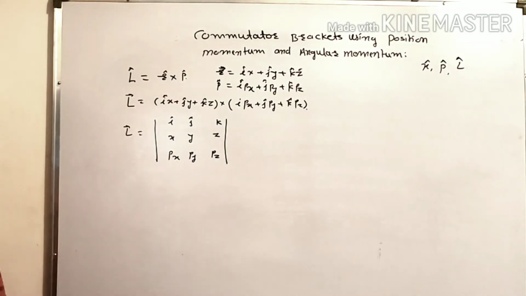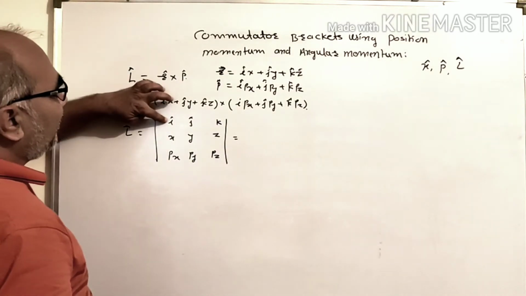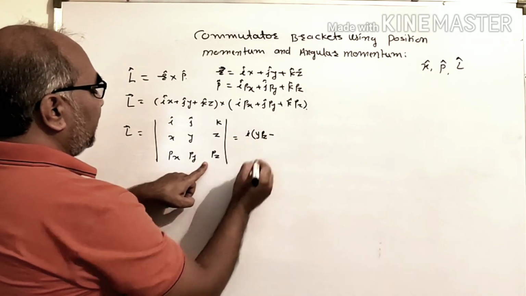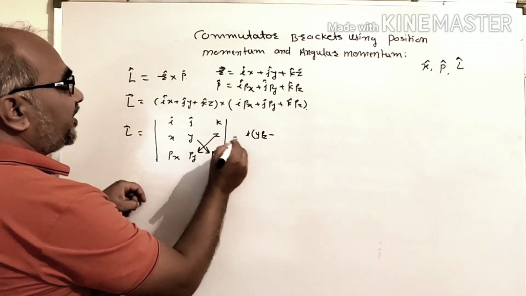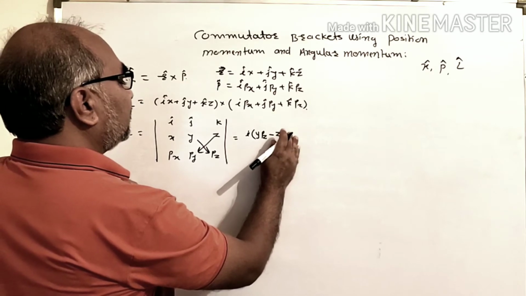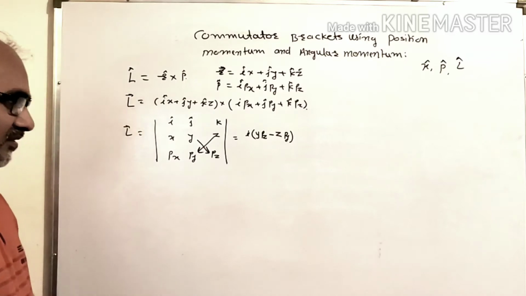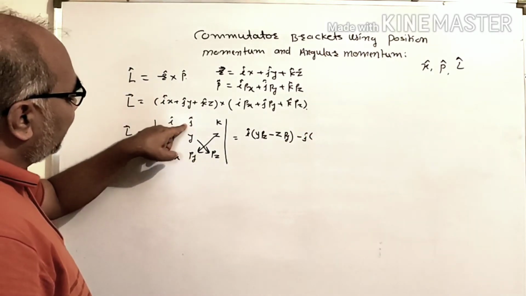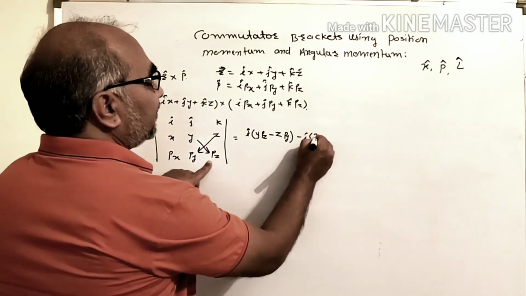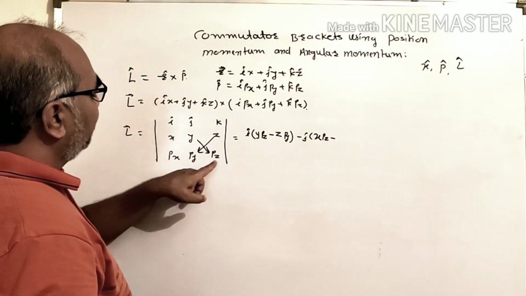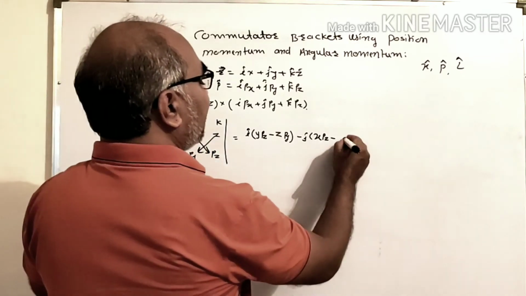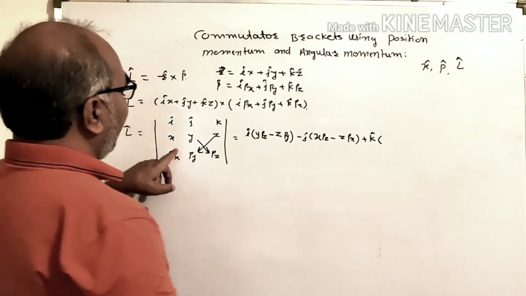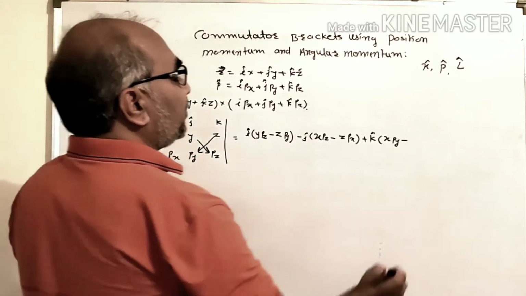Solving this, it can be written as i times (y pz minus z py), minus j times (x pz minus z px), plus k times (x py minus y px).